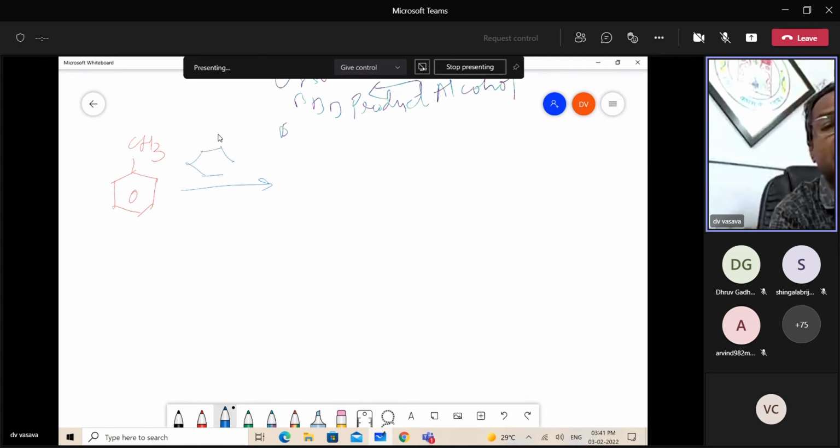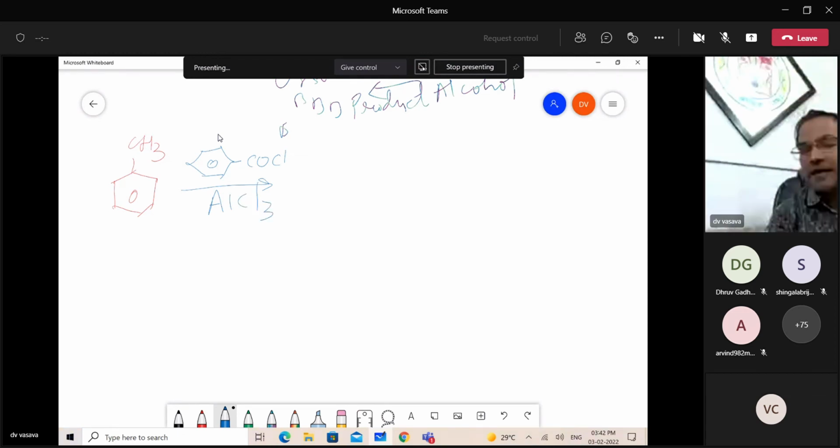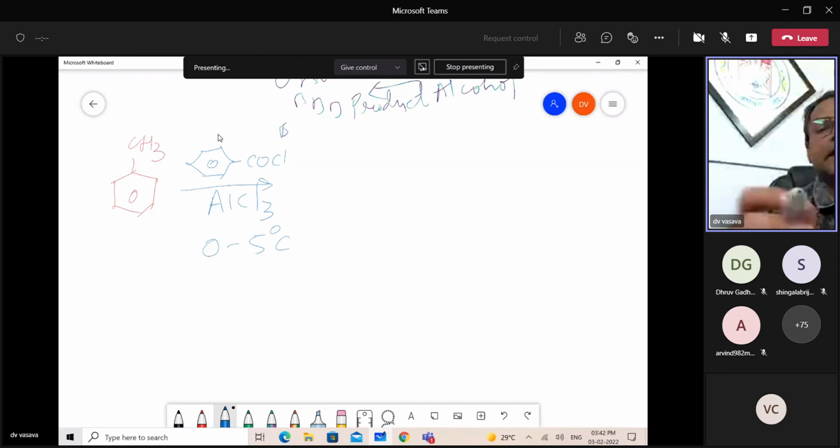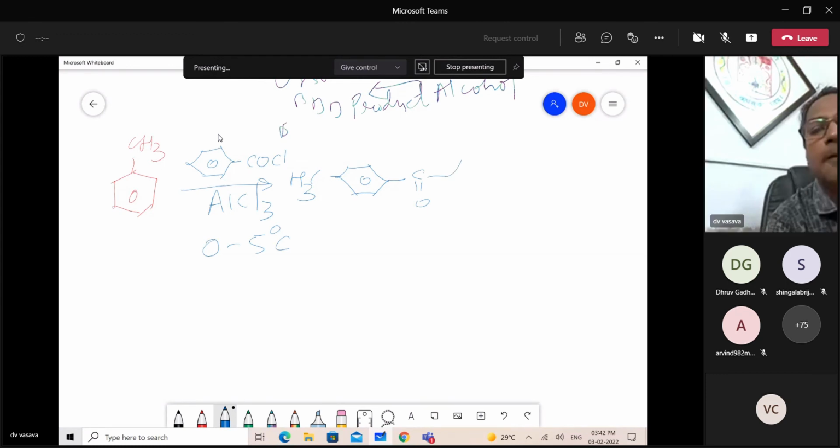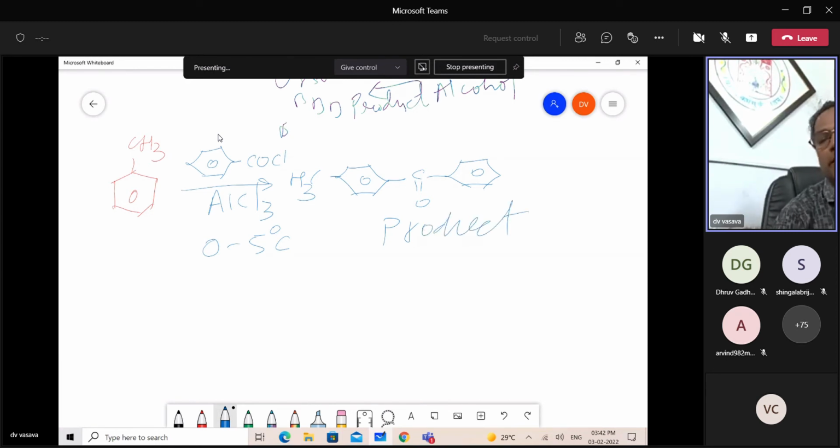So it is benzoyl chloride, COCl, in presence of AlCl3 as a catalyst, and the reaction temperature is ice temperature, that is 0 to 5 degrees Celsius, which gives the 4-methyl benzophenol. So this is our product.